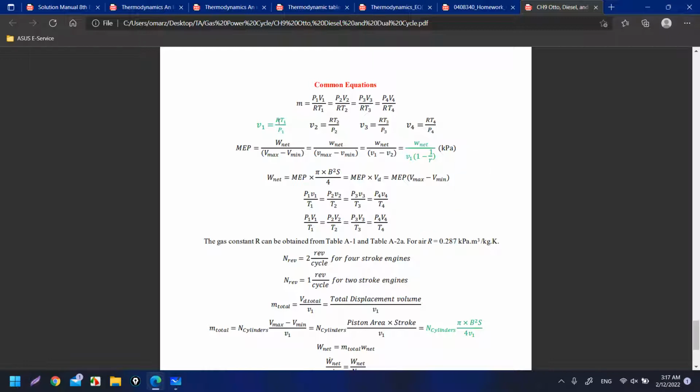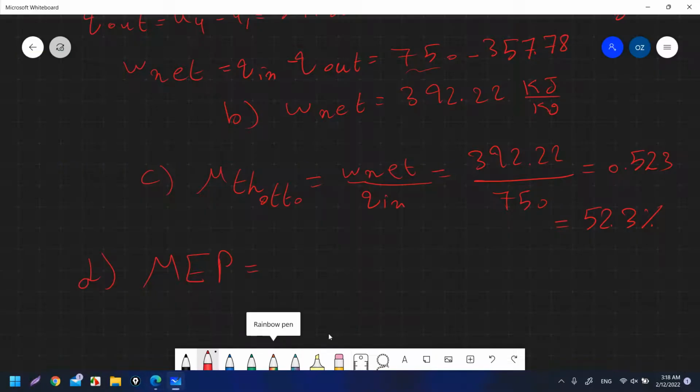So the pressure should be in kilopascal and the temperature should be in Kelvin. You can also use this equation, but then you need to find V2 from the ideal gas law. But if I have R, the compression ratio, why not use this equation? So I need to find V1, then substitute in this equation so I can get the mean effective pressure.